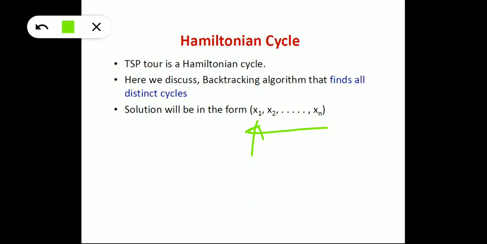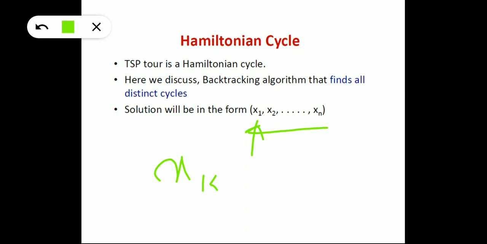If k is ranging between 2 to n, then xk can be any vertex v that is distinct from x1, x2 and so on till xk minus 1, and v is connected by an edge back to its previous vertex, that is xk minus 1.